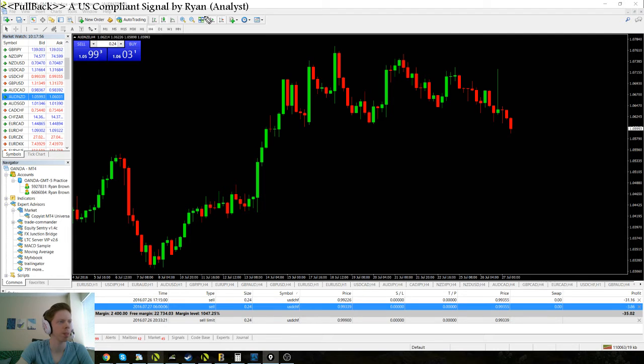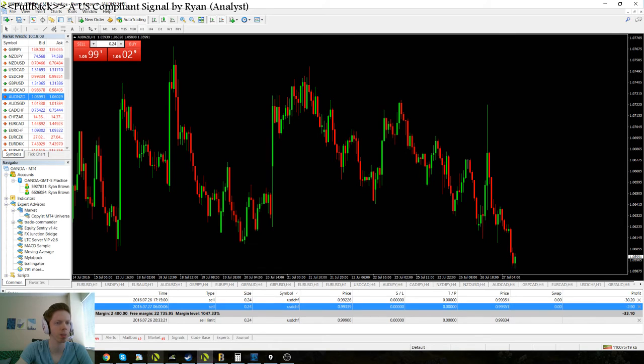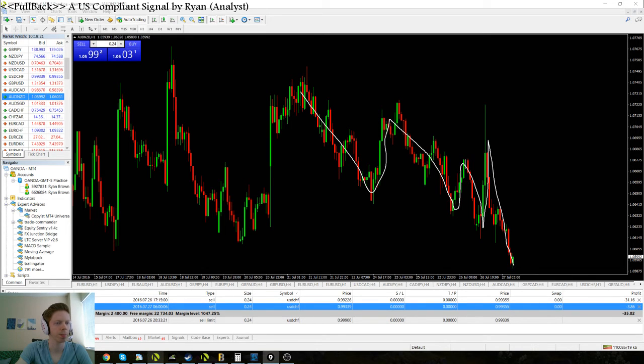Let's check the 1-hour chart. The 1 hour is giving us more of this trend line movement, and also levels as well, and they're making new lows.